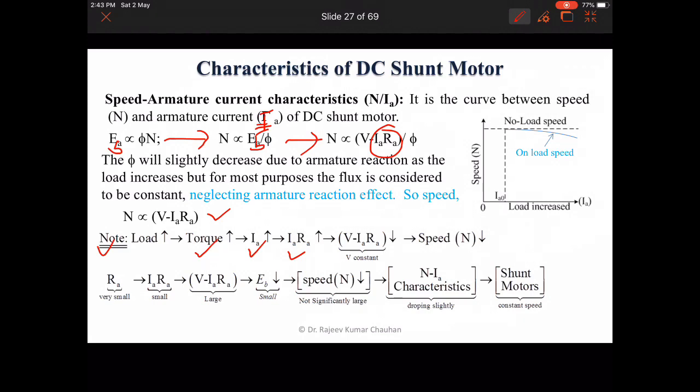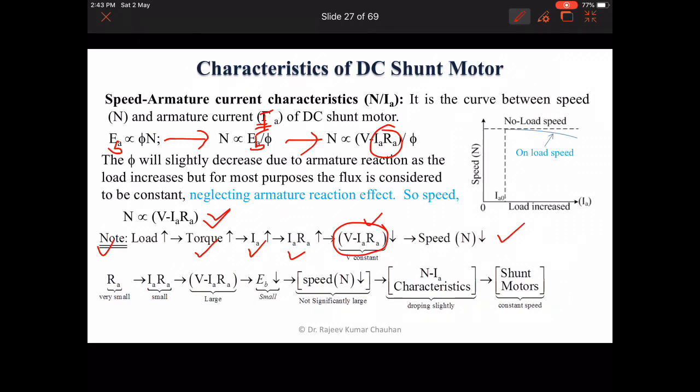And we know that V minus IA RA will decrease, and V is constant in this circuit. So as this IA RA will increase, this V minus IA RA will decrease. So if V minus IA RA is decreased, from this equation the speed will decrease.